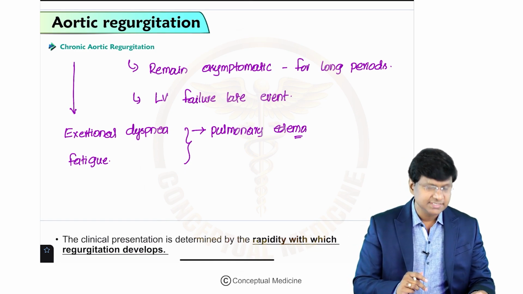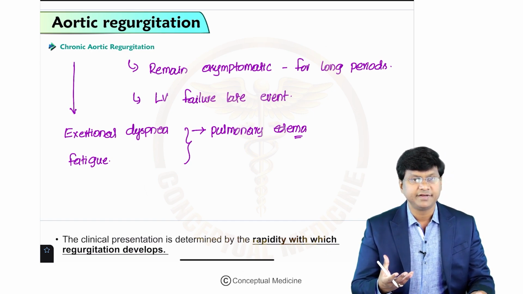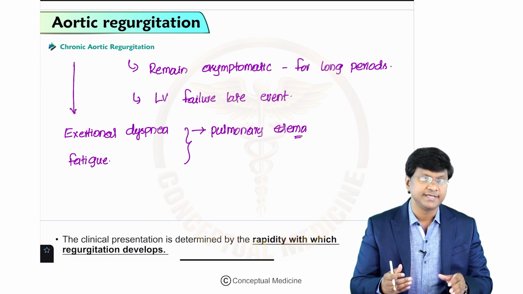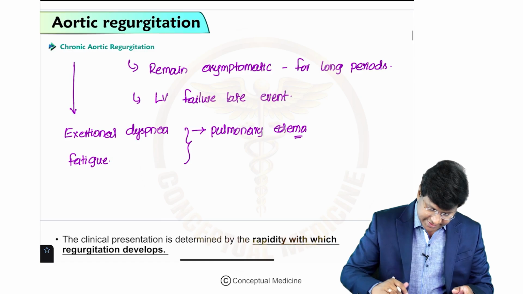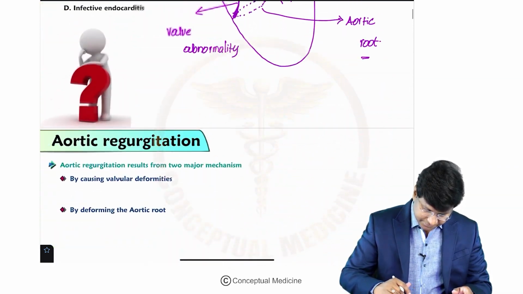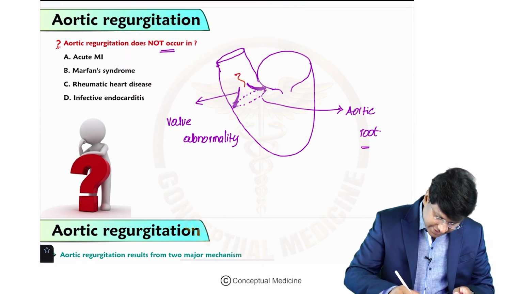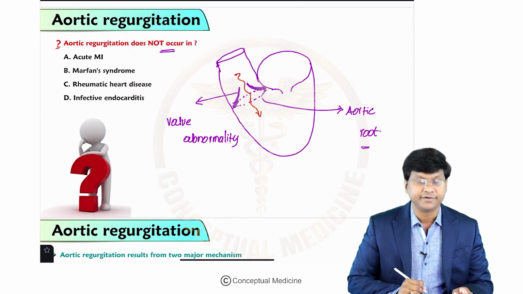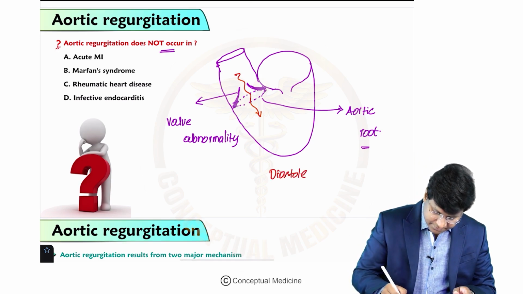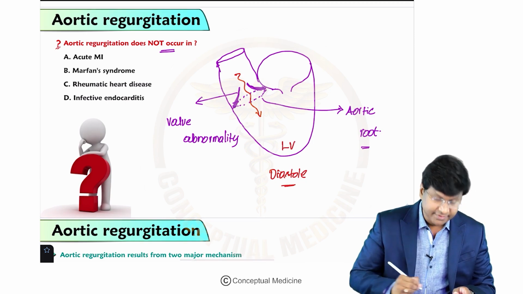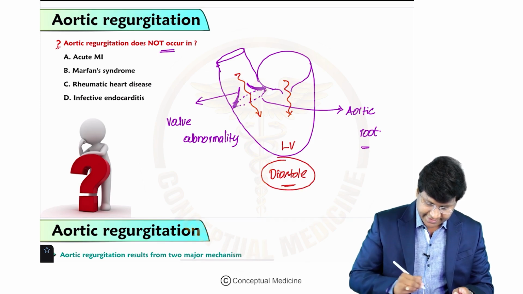Now, why they develop this exertional dyspnea as well as fatigue is because the left ventricle in case of aortic regurgitation is chronically receiving the blood. So you can see that here. The blood from the aorta is regurgitating back into the left ventricle during diastole. But this same left ventricle will also be receiving the blood from the left atrium during diastole.